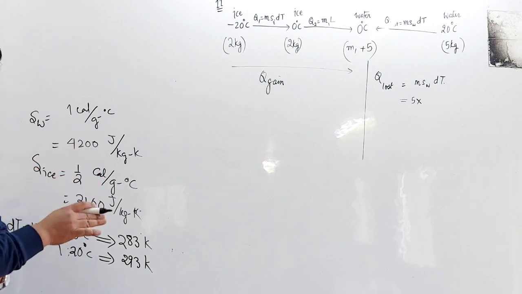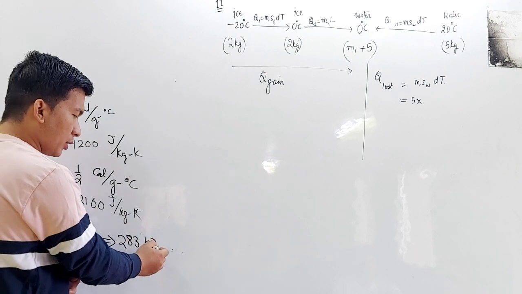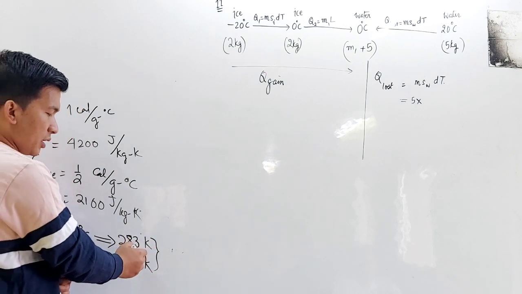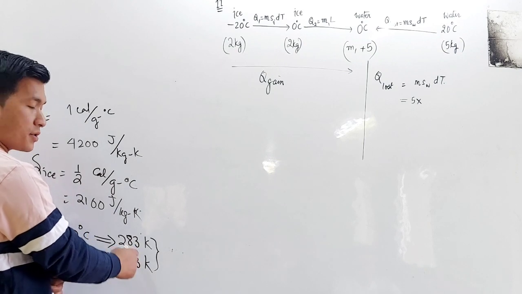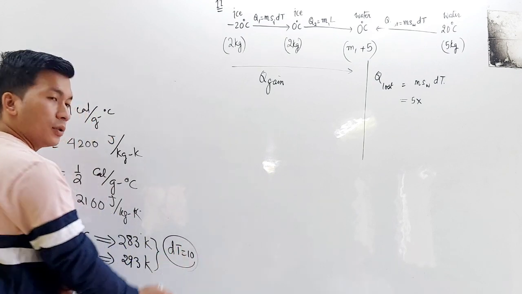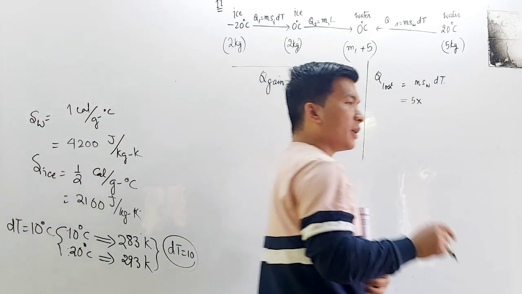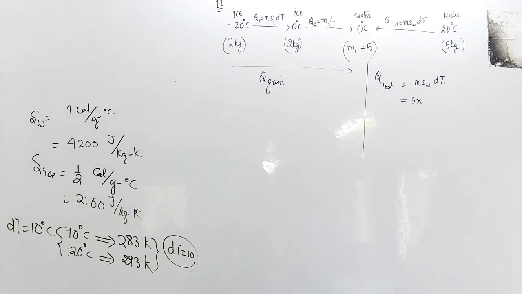Now let us calculate the temperature difference in terms of Kelvin: 293 minus 283, still the change in temperature is equal to 10. What I am trying to say is that for a temperature change, meaning temperature increase or decrease, we do not consider the scale.